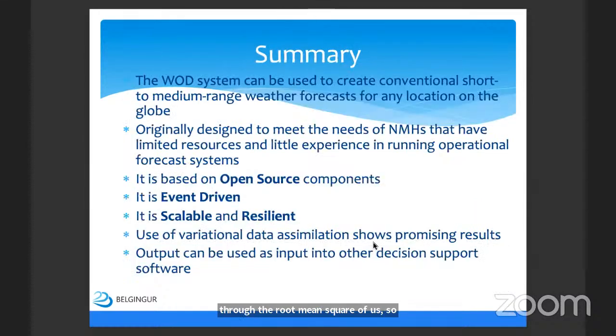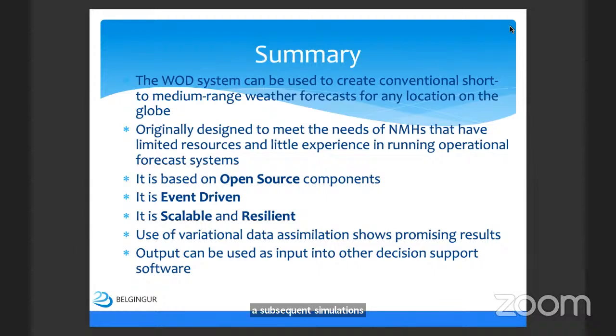So to summarize, and again, I apologize for the hiccup earlier. We have created a forecasting system that can be used to create conventional short to medium range weather forecasts, as well as downscaling of subseasonal simulations.